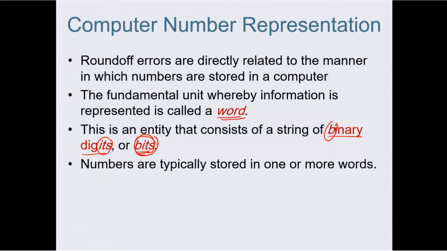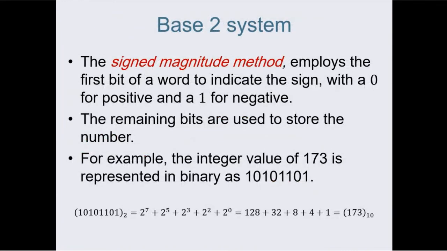So these are binary digits, because digital computers work in the binary system. The numbers that they have are ones and zeros. So a word consists of bits, and these bits have binary digits in them, and this is how a number is stored in a word.